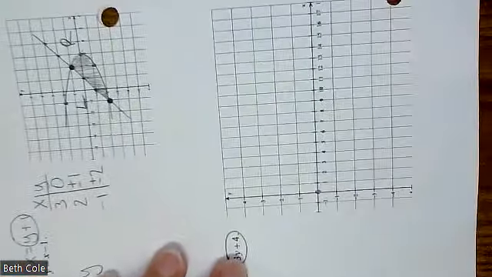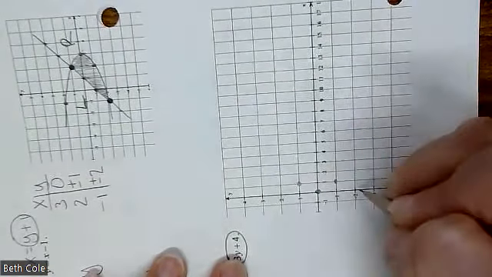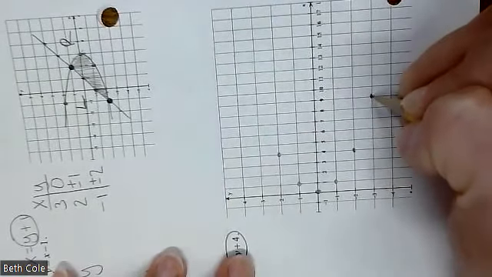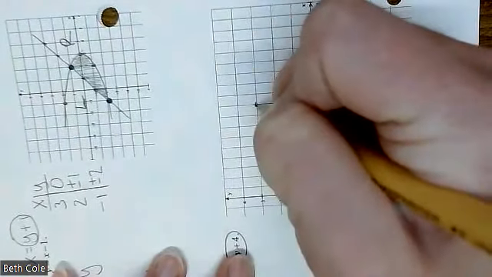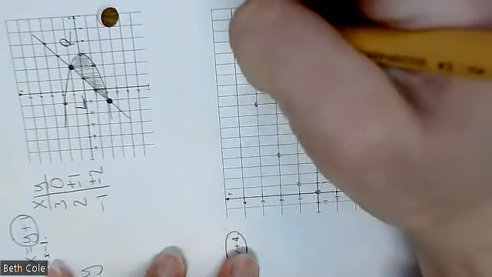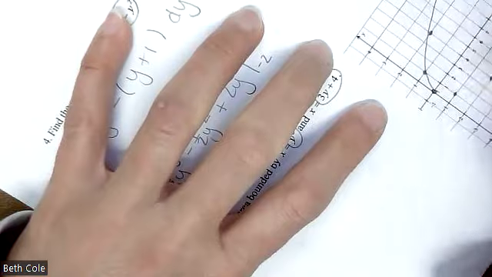So if you want to just turn your paper and do a regular old parabola like 1, 1 and 2, 4 and 3, 9, do you get what I'm saying? Like it's actually backwards to that, but if you just turn the paper and do it, it'll make a little bit more sense. Or you can make an XY table, you know, again, however your brain does it is valid.